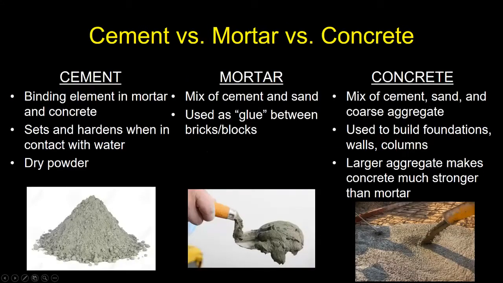So before we really get into making mortar cubes, I want to make sure that we know the difference between cement, mortar, and concrete. Sometimes people can get cement and concrete mixed up, but cement is a binding element in mortar and concrete. It's a dry powder, and it reacts when you add water to it. It just looks like this, very fine powder.